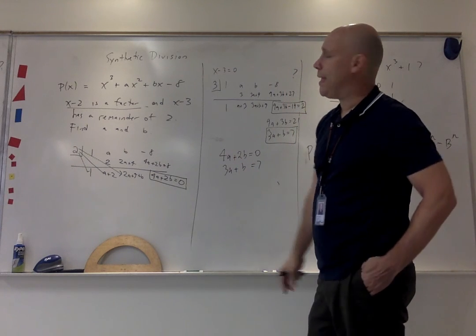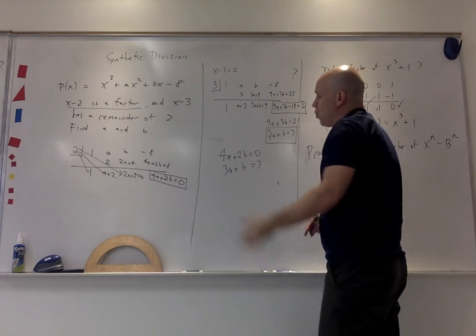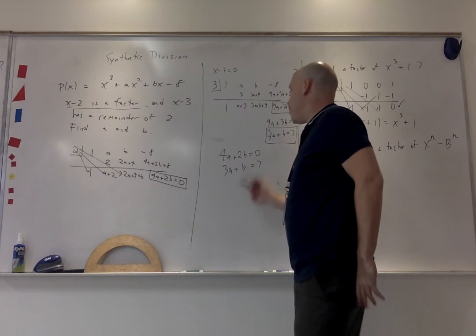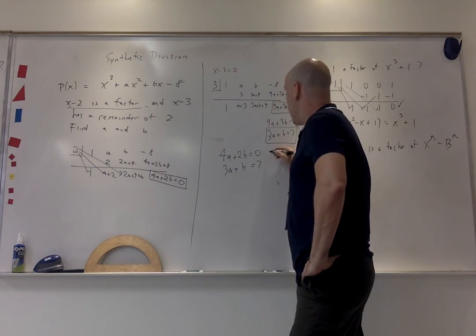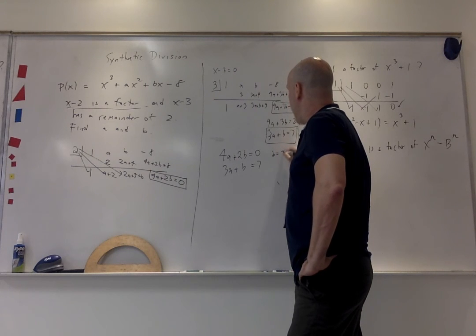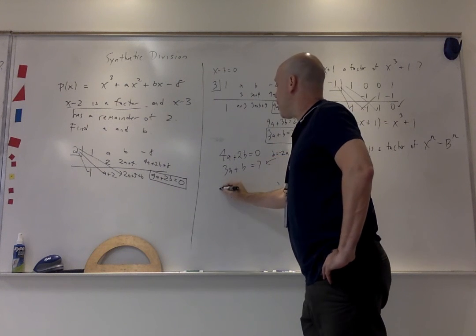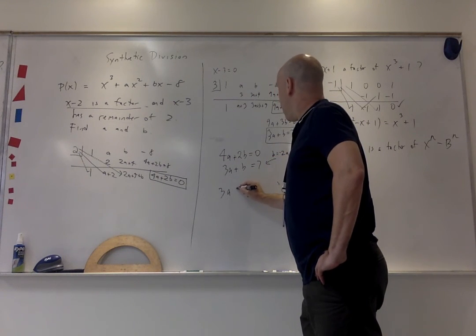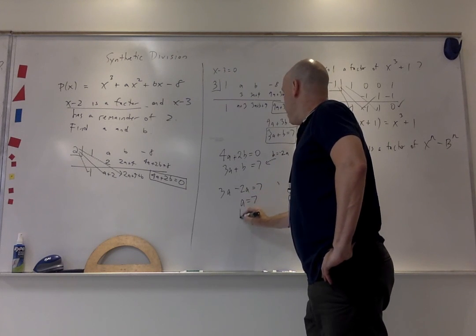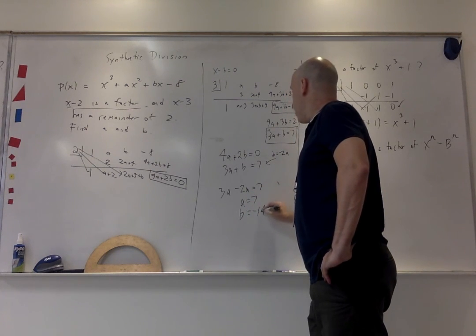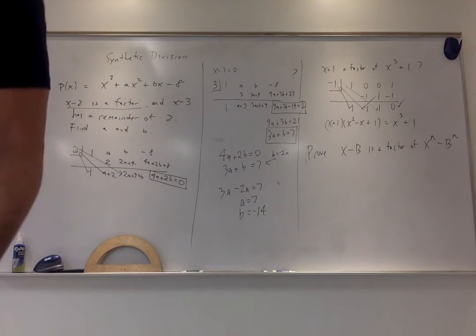You can do it any way, but the idea is you're going to get a system of equations and solve for the two variables. We could say that b equals negative 2a. Therefore, we have 3a minus 2a equals 7, a equals 7, and b equals negative 14. That's the idea. And so there's a bunch of questions like that.